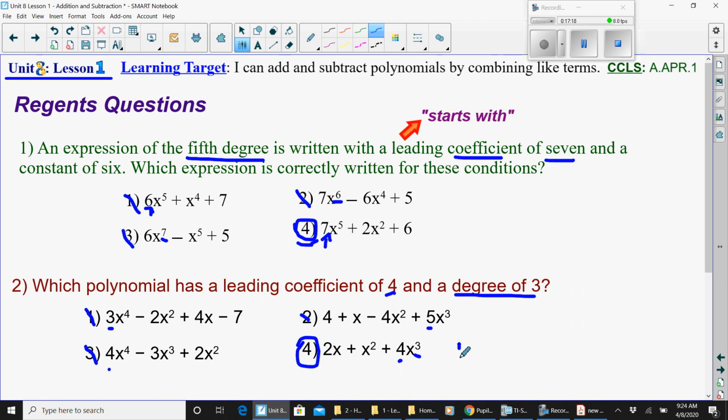So if you are writing this in standard form, it's 4x to the third plus x squared plus 2x. And that's the way that you would write it in standard form. All right. Leading coefficient of 4, degree of 3. 4 is your answer.